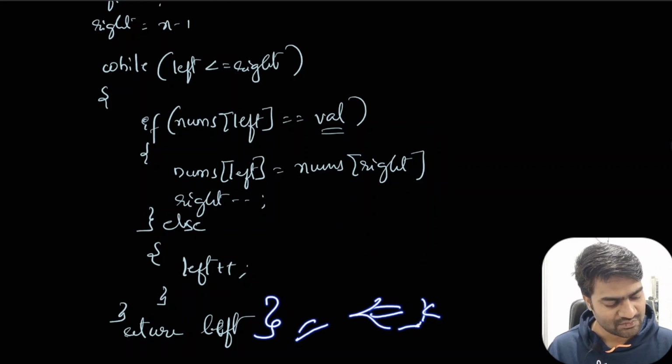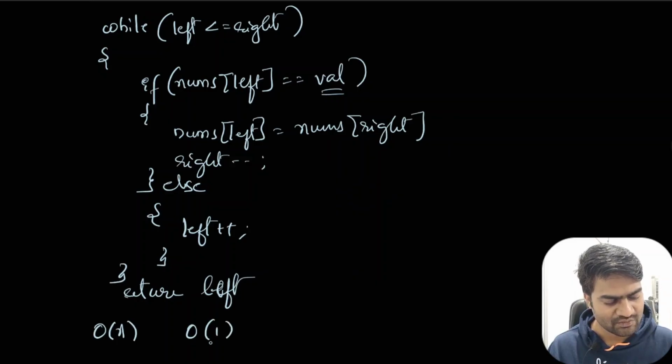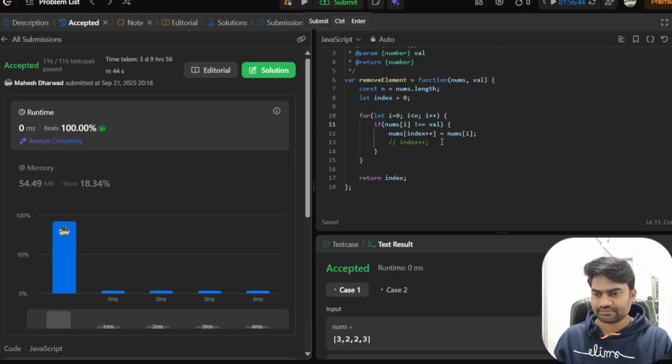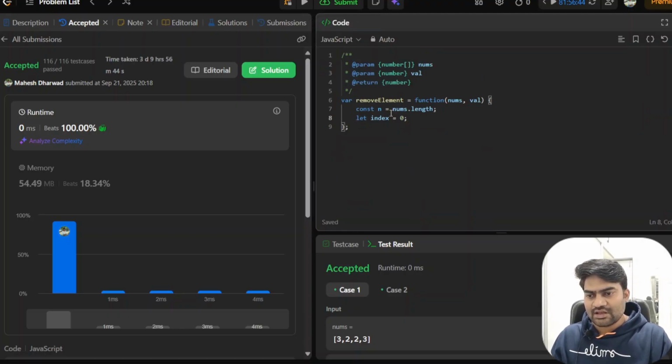With that we have already seen this will happen in O of n time complexity and O of 1 space complexity. Let us try to execute this and see. So now I will remove these things. I will consider it as left, then I will take one more pointer, right, equal to n minus 1.